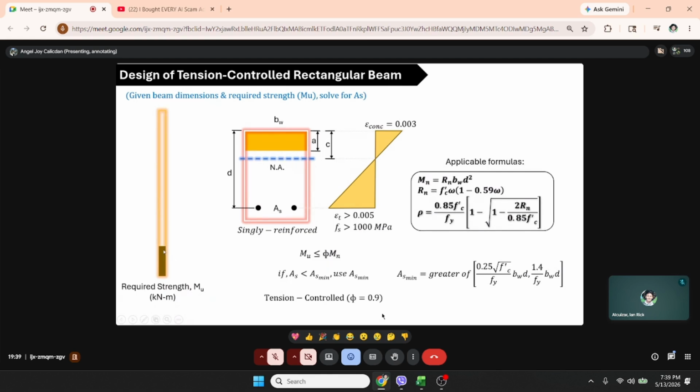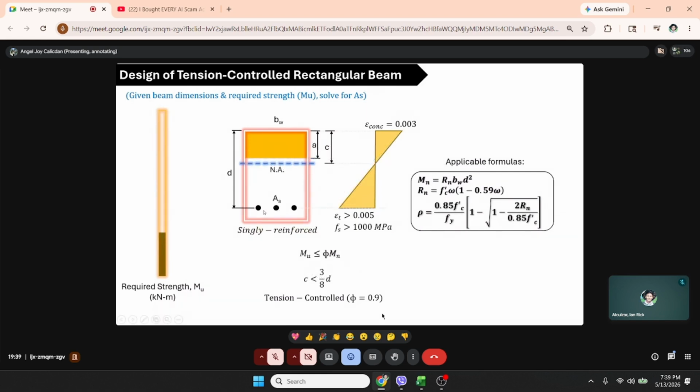So since gamay ra man ang required strength, gamay ra ang needed na bars. And if modako na ang required na strength, managhan ang needed na bar, so nag-add ta og bar. And singly reinforced pa japon siya.